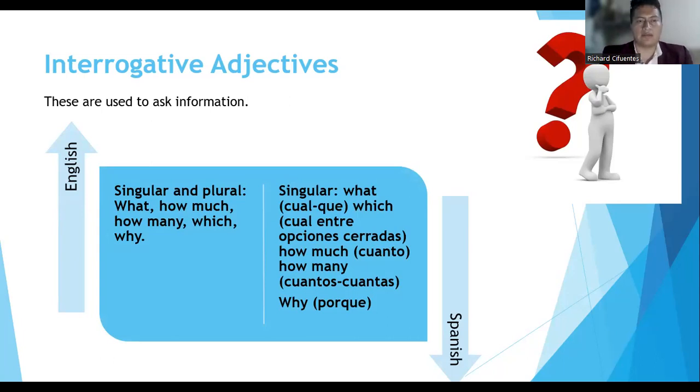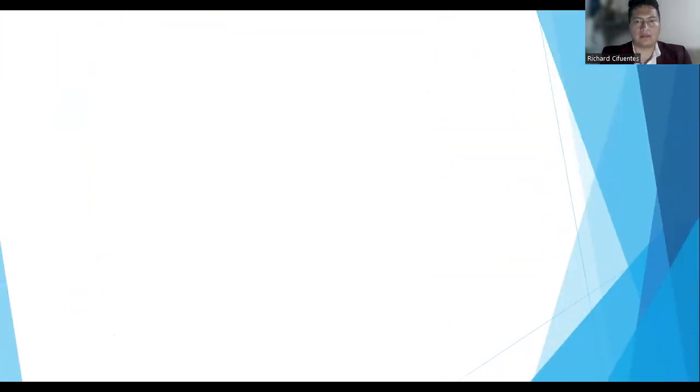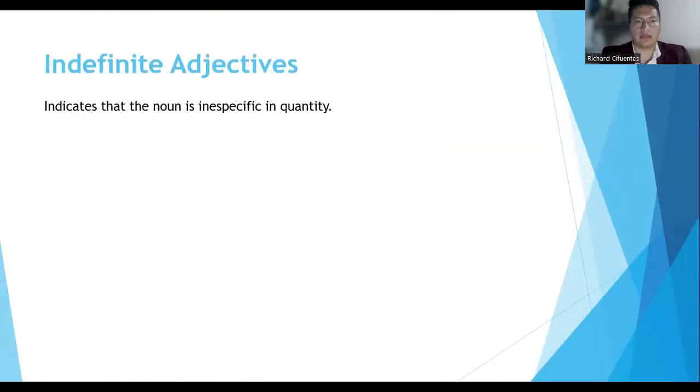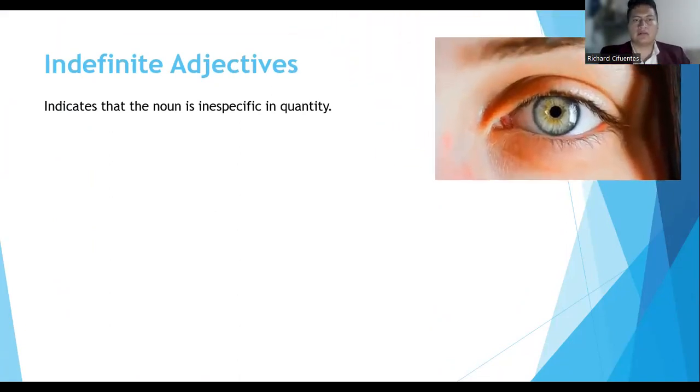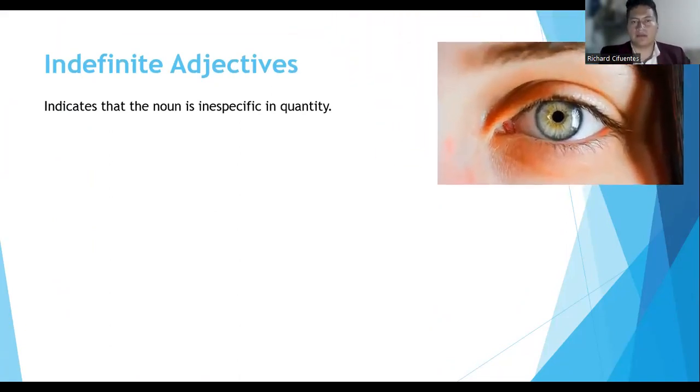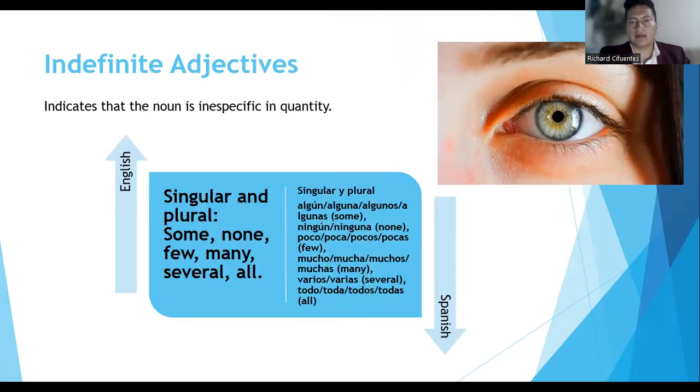Talking about the indefinite adjectives, let's continue. Okay, indefinite adjectives show a non-specific quantity of something. It is related to measuring with the eye, with my ideas about what I'm looking at.